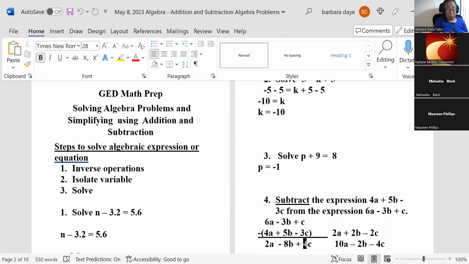So your answer would be 2A minus 8B plus 4C. So the 5B should turn to subtraction, the sign. We should change that sign. Well, no, when you change the sign, it becomes like adding, minus, minus. Okay.